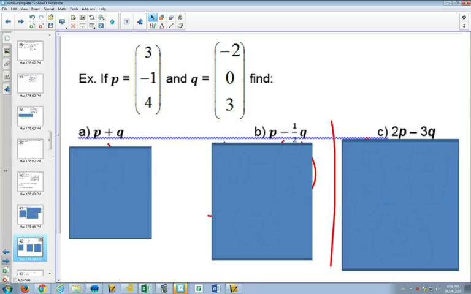So here we're not going to draw them. All we're going to do is the math surrounding them.